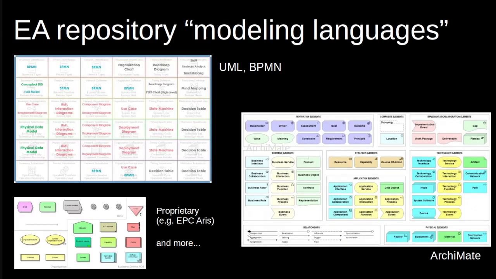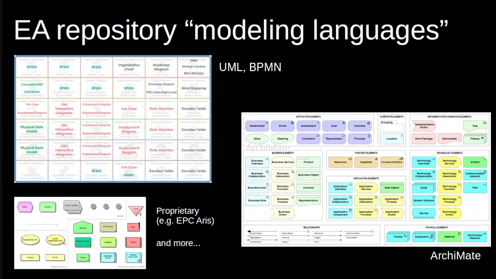And any of these methodologies either come with or can be paired with some kind of modeling language to capture this information. An EA repository would be where you store the information that you capture for any topic of the whole enterprise architecture. For example, you could apply a collection of existing standards like BPMN, UML in the top left here to any of the discussions you have around architecture.